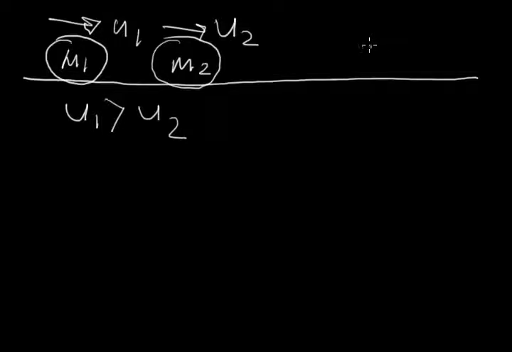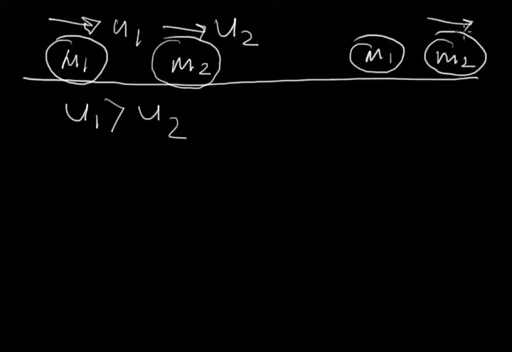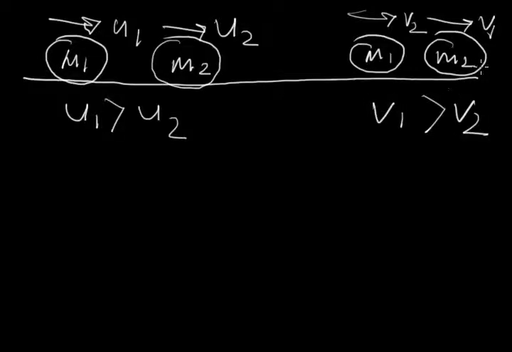After collision, the balls are separating with velocities v1 and v2. For separation, again, v1 should be greater than v2, because otherwise the separation will not take place and they will collide again.